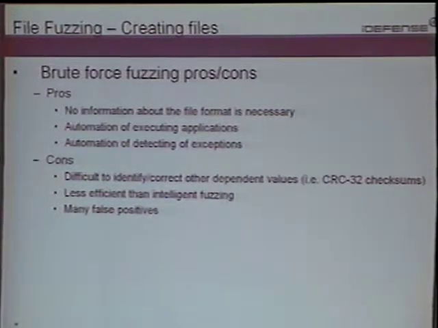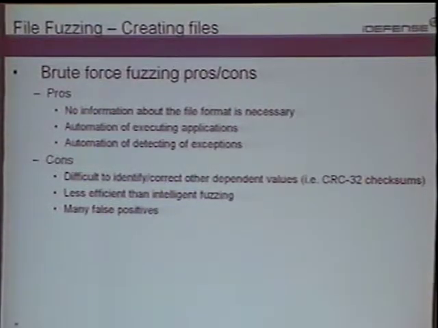The thing that we found is when file formats have a dependent value, we need to account for that. We can't just change something without changing the dependent values, because if we don't, we'll never get to the location where a vulnerability will occur, because the application will just kick it out early on. So brute force fuzzing won't work in that situation. And we'll talk about intelligent fuzzing in a sec.